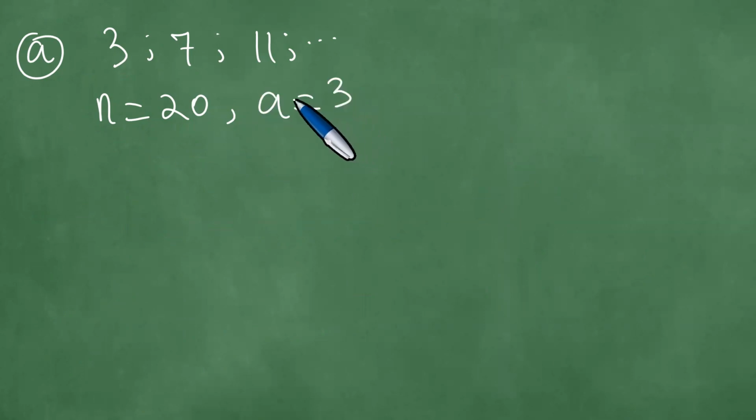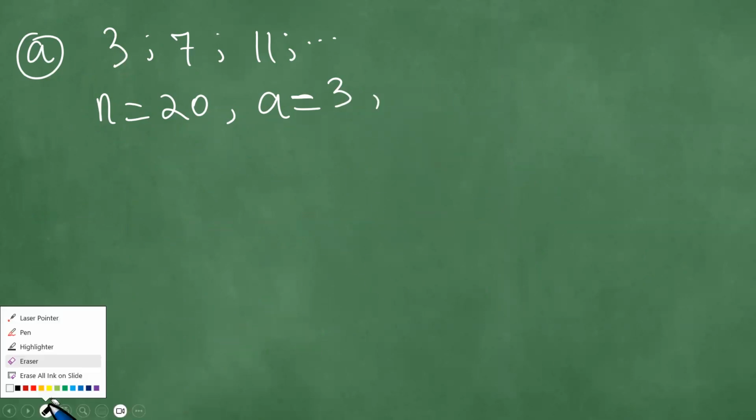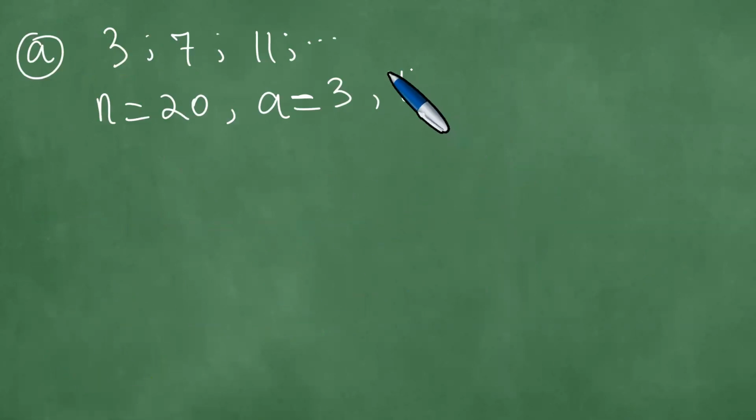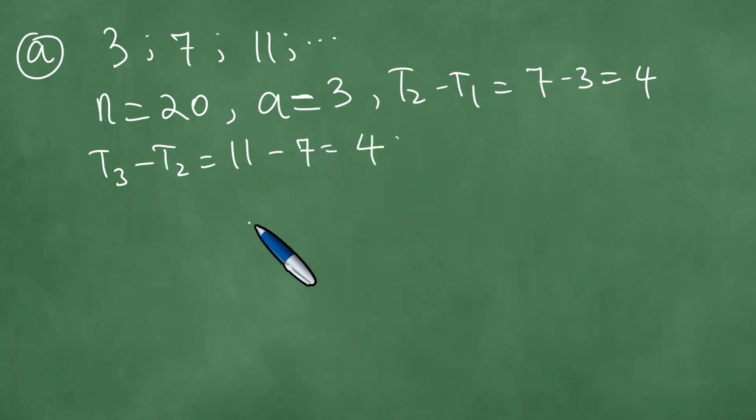A is 3. Okay, so now let's find the common difference. T2 minus T1. T2 is 7 minus 3, which is 4. T3 minus T2, which is 4. The common difference is therefore 4.